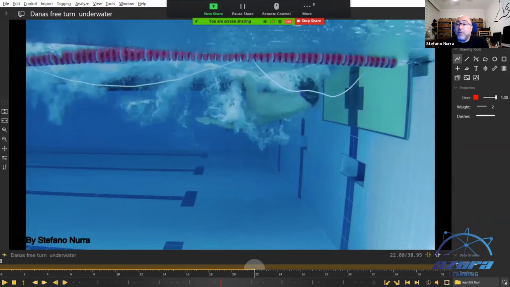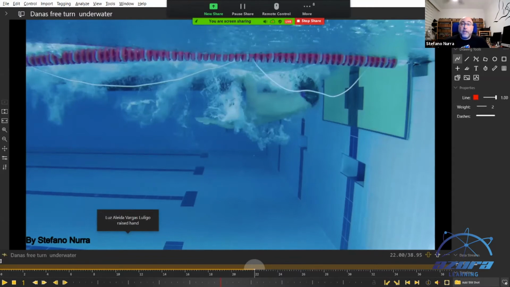Maybe the timing between last stroke and rotation isn't the perfect one, or maybe we are too far away from the wall, so we are gliding a little bit more. In this case, the rotation will be slow, and if it's slow, it takes more time, and of course, to manage the balance is more difficult.